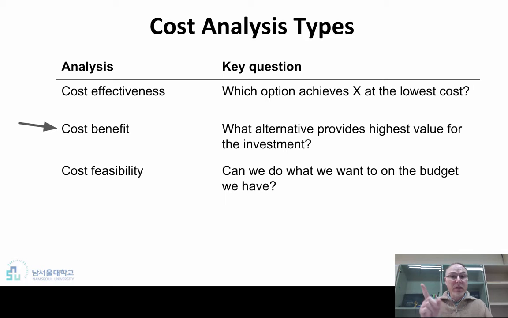You would choose either cost benefit or cost effectiveness analysis, depending on what question you're trying to answer, and also whether your policy options have the same outcomes or if they can have different outcomes. So we're going to look first at cost benefit analysis, and in a future video I'll review cost effectiveness and cost feasibility in more detail.